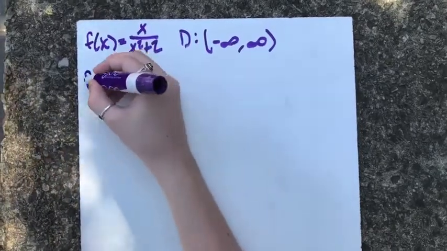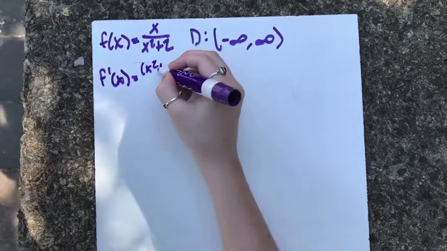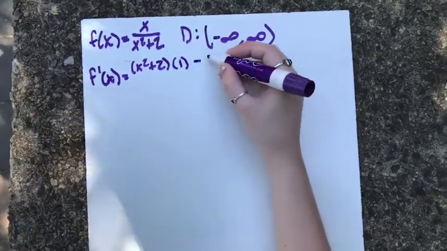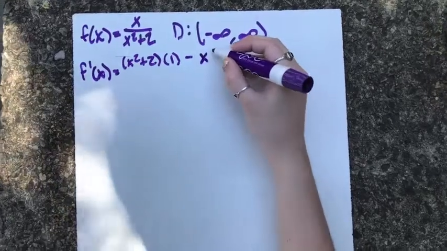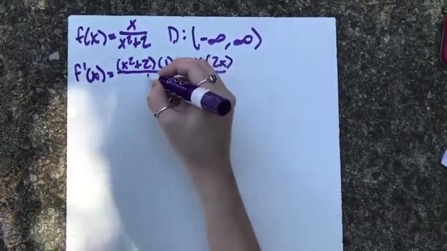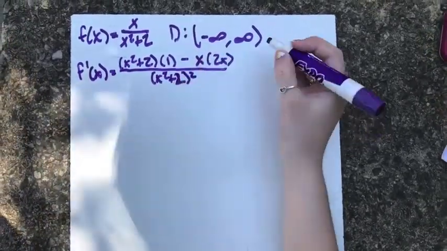So f prime of x equals x squared plus 2 times 1 minus x times 2x all over x squared plus 2 squared.